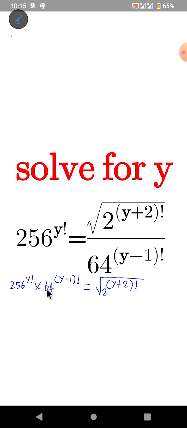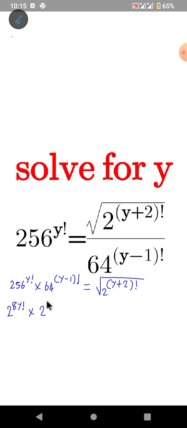factorial. Now this 256, I will write it as 2 raised to the power of 8, and that power 8 is going to multiply y factorial. So we have 2 raised to the power of 8y factorial multiplied by 2 raised to the power of 64, which is 2 raised to the power of 6.